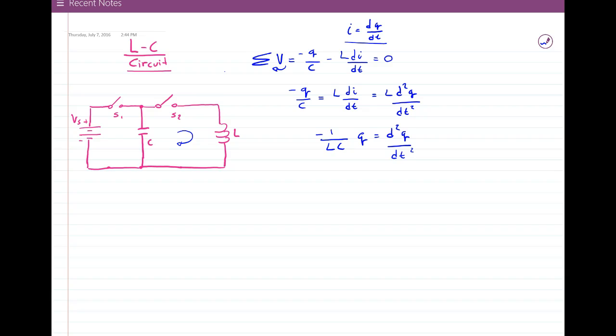Anything else? What kind of function behaves this way, that you can take the derivative of it two times, get the same function back with just a negative constant out front? What is it? Cosine or sine? I think either one of them, right? It's a sinusoid.